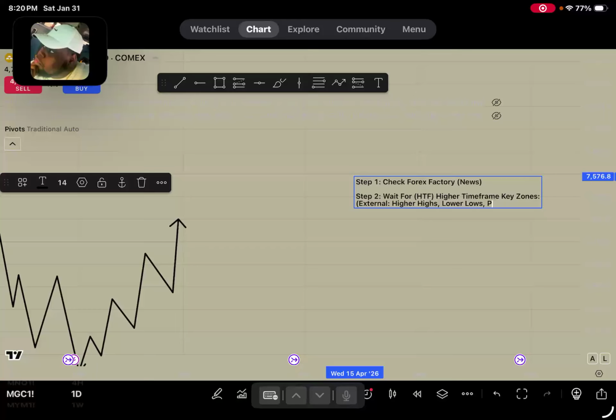I just want to abbreviate, that's a lot. Previous day high, previous day low.